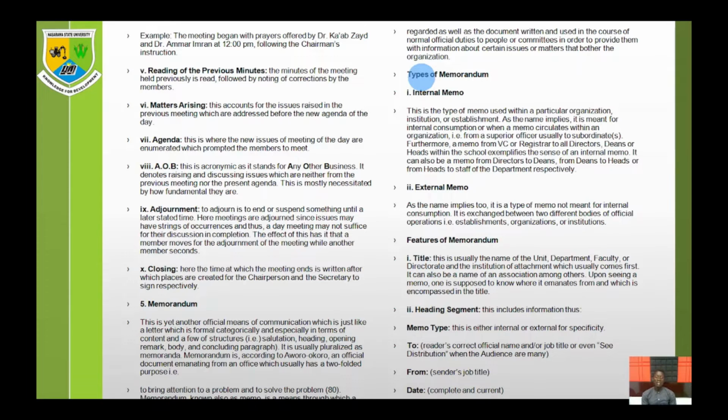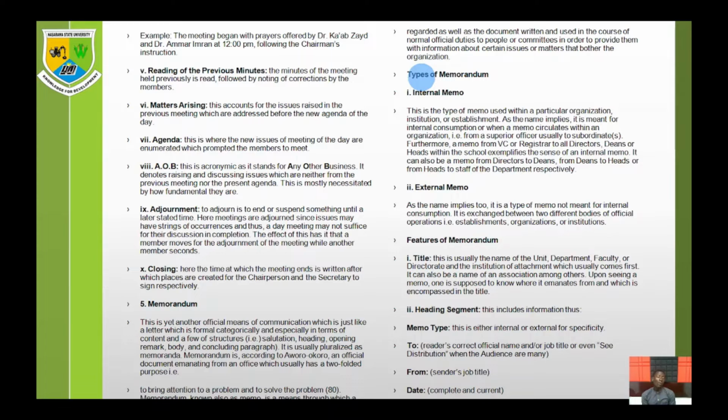The next one is the heading or heading segment. This includes information such as memo type. Is it internal or external? You have to write. Then there are some things under this heading segment after the memo type, which can be enclosed in tabular form or it can be removed from the tabular form: To, From, and Date, and even a reference number. It depends actually on the nature or what kind of memo it is, but these three must be there.